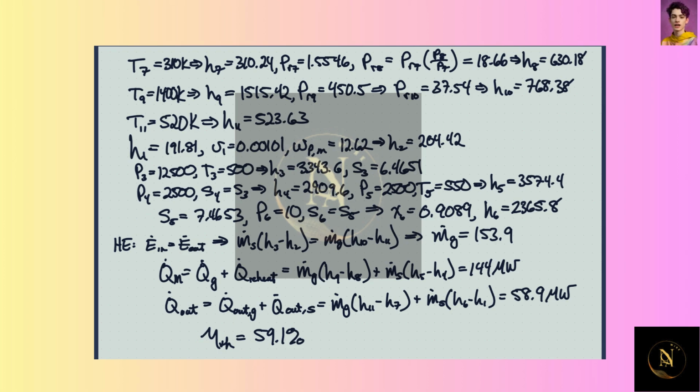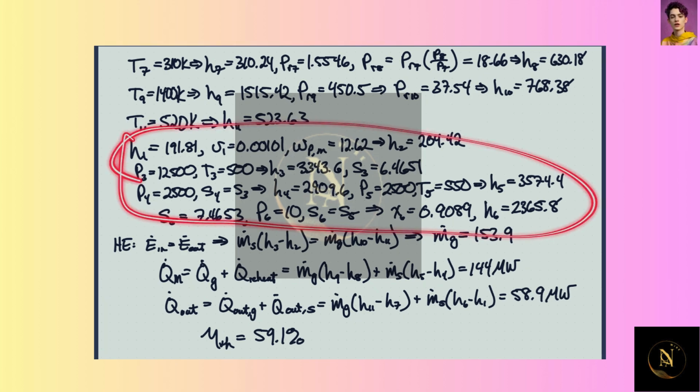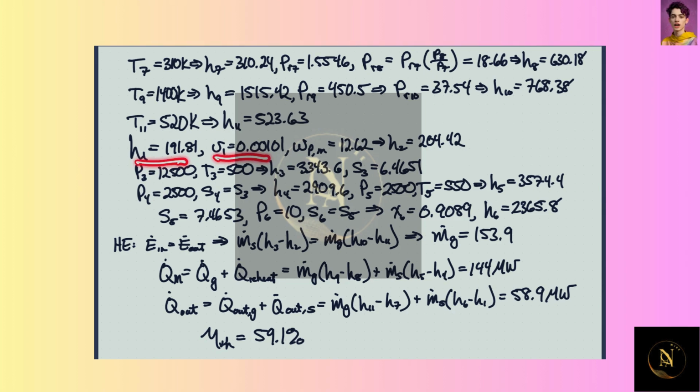Now we can go down to the steam side of things. Specific enthalpy, specific volume, work done into the pump, specific work into the pump, specific enthalpy out of the pump. Pressure and temperature into the steam turbine, enthalpy and entropy out of the steam turbine, specific values. It's an isentropic turbine, so we know the pressure coming out going into the reheat cycle.